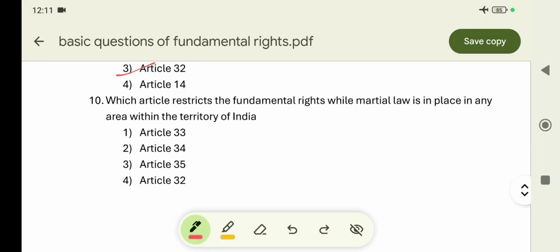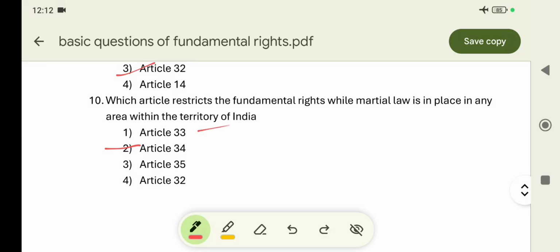So in any place in Indian territory where martial law is imposed, the fundamental rights are not applicable to those areas. Under Article 34, fundamental rights are restricted when martial law is in place.